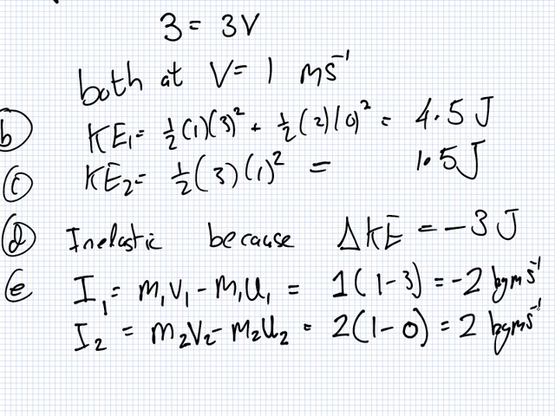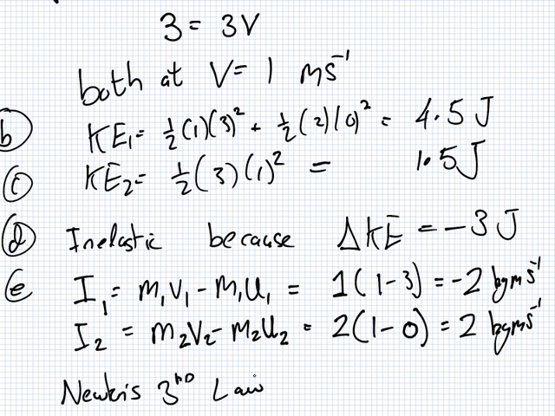The same but different direction, yes. In fact, this is like Newton's third law, that the impulse on one is equal and opposite to that on two. In other words, an action and an opposite reaction.